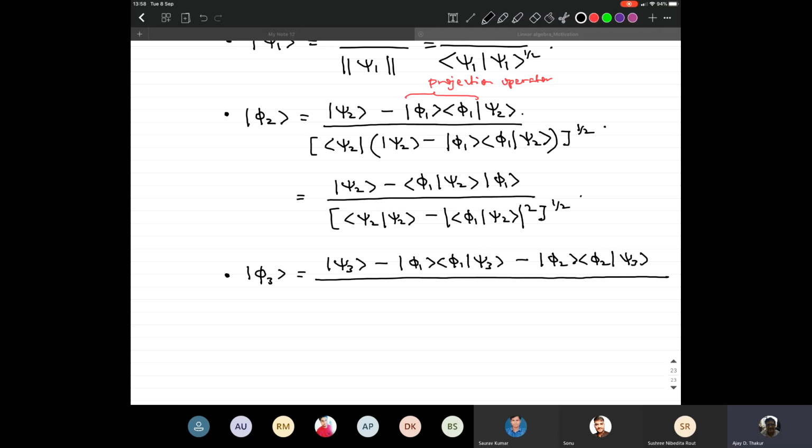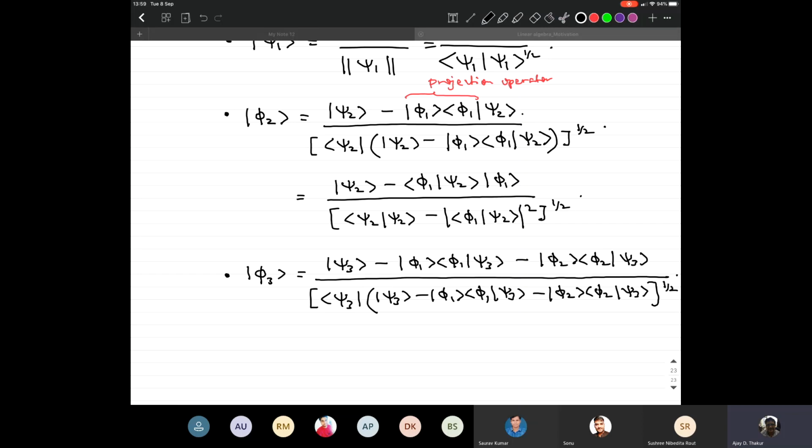So that essentially means you take psi3 and operate it on this quantity, psi3 minus phi1 psi3 minus phi2 psi3.